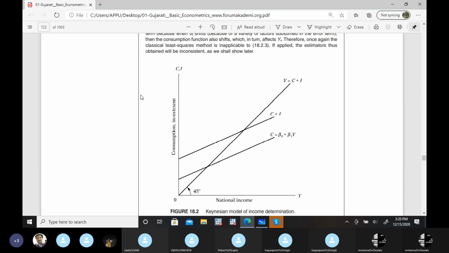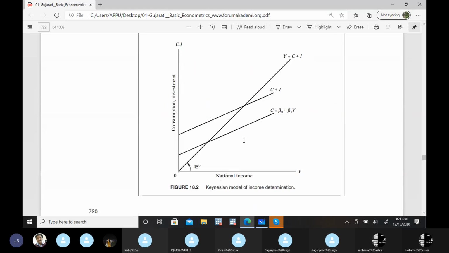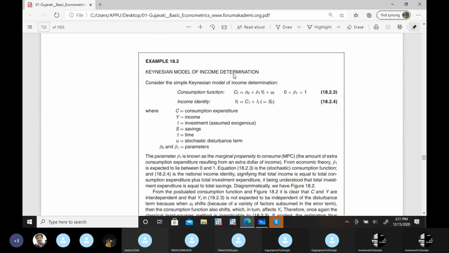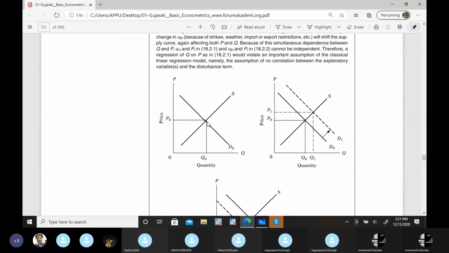So if we have this particular model, let's suppose we run these models and try to estimate the coefficients. In the end, would we get the consumption function or the income function, the second one? If we get these two estimates, we'll get the income function, not the consumption function. Both of these two scenarios are possible, right?